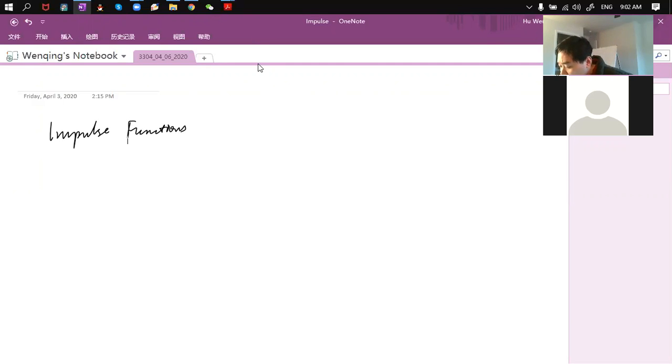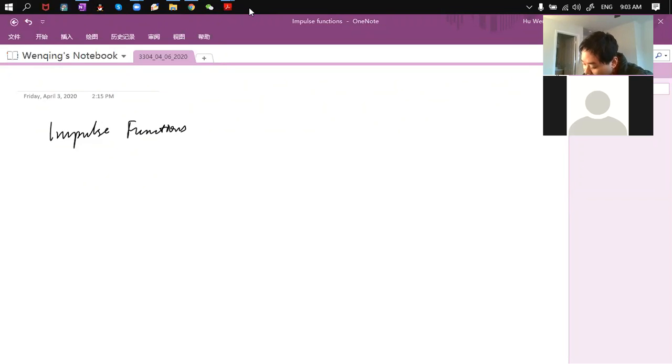What I'm writing here, can you see the writing? Okay, so that's good. So the impulse functions are what I've been talking about in last Friday's lecture.